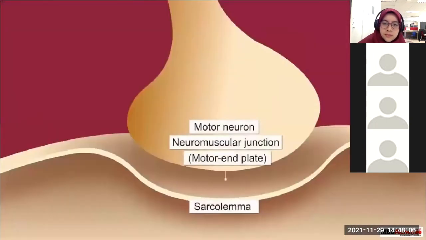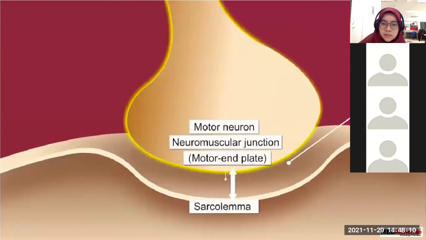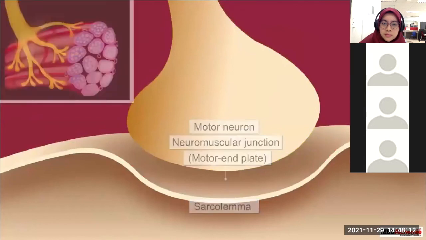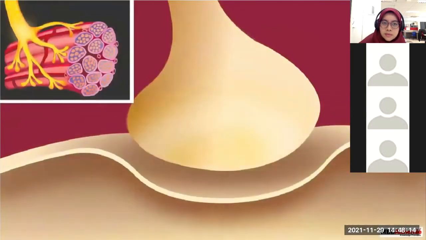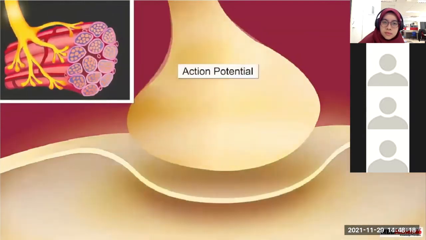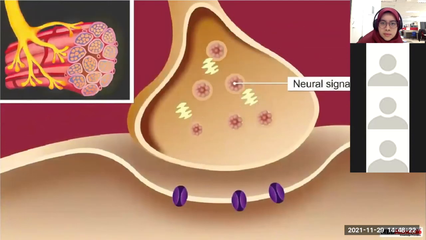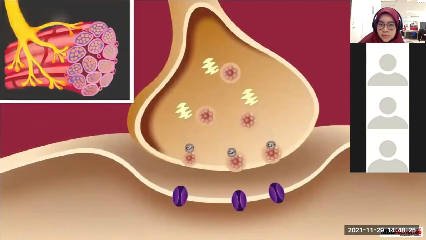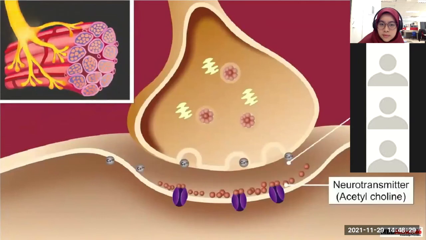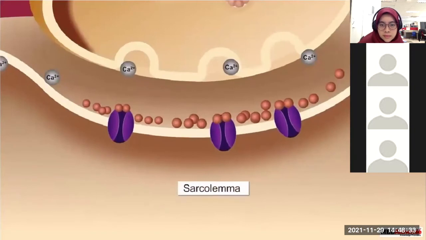This junction is actually a synapse, that is a small gap between the neuron and the muscle cell. The signals from the CNS are transported as electrical impulses, also known as action potential, across the synapse. A neural signal, on reaching the neuromuscular junction, releases a neurotransmitter, acetylcholine, thus generating an action potential in the sarcolemma.